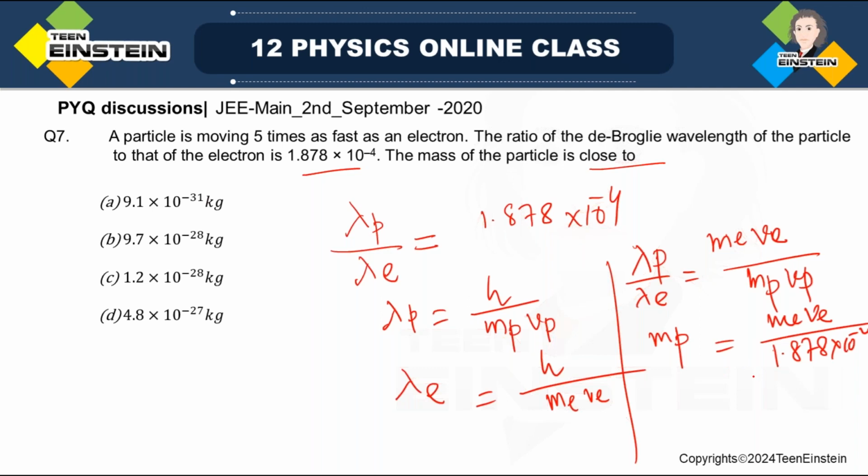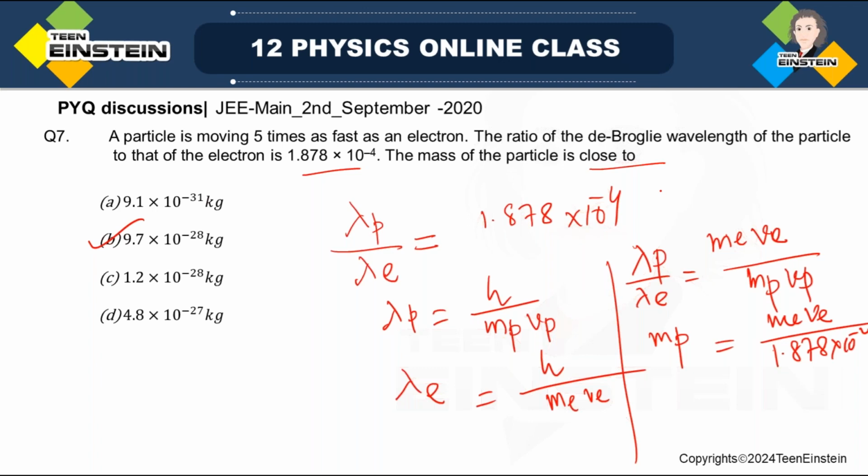Me is actually 9.1 times 10 to the minus 31. So if you do the calculation, you will actually be able to get this one. Okay, this is very simple actually.